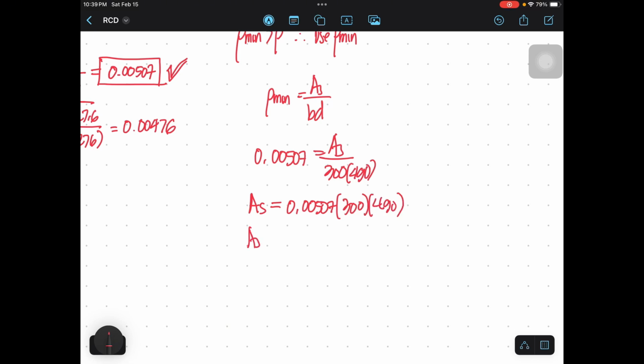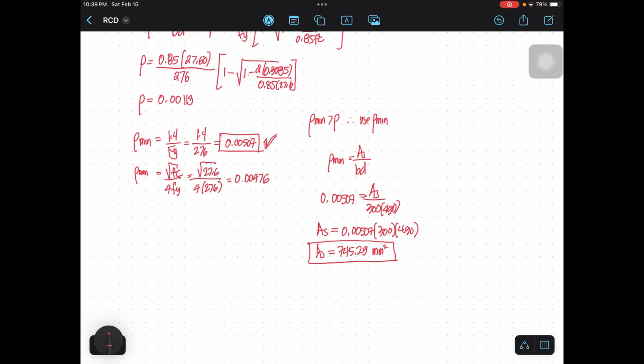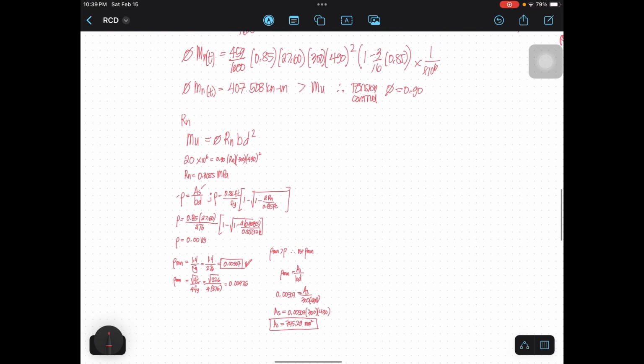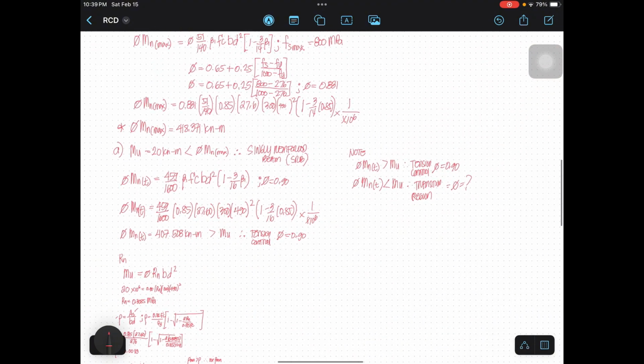So yung AS natin is 745.29 square millimeter or millimeter raised to 2. So ganoon i-solve yung area of steel reinforcement required. So that is for question A pa lang.